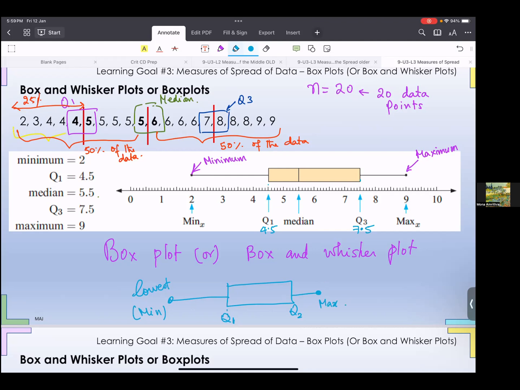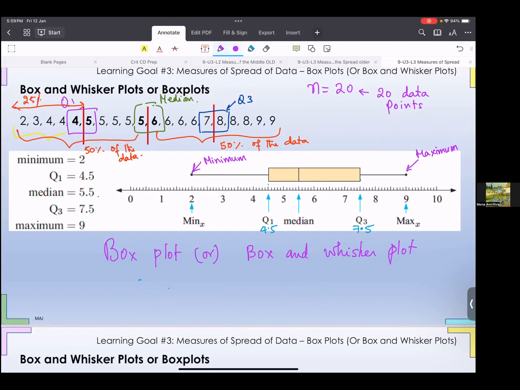That box plot tells us a whole bunch of things. The median was at 5.5, so 50% of the data is above 5.5. 25% of the data is above 7.5.